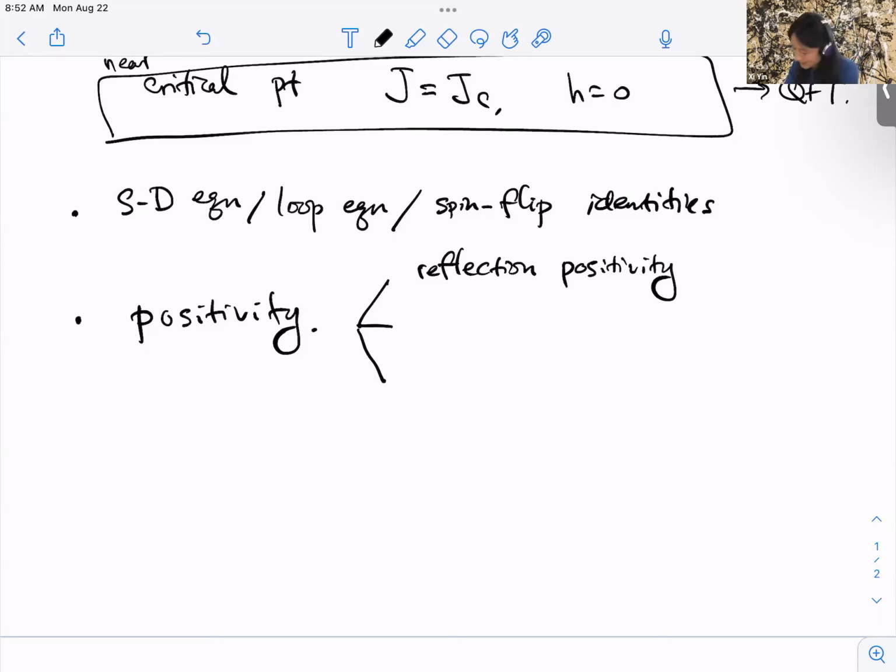Something else that one can discuss on the lattice is the so-called square positivity. Square positivity is the thing that has been mostly used in the matrix bootstrap story. This just basically means that if you have some real operator and you square it, its expectation value is going to be non-negative. This is more or less obvious, but it still has non-trivial consequences.